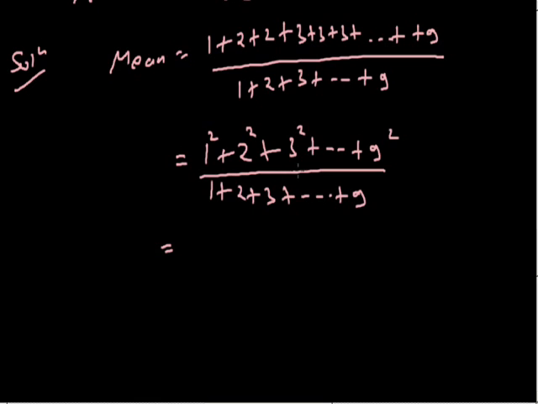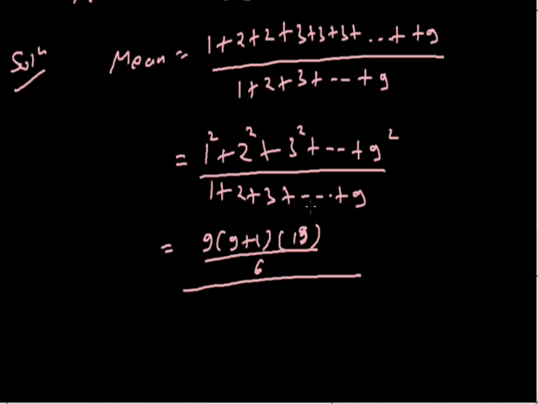As we know, the sum of the squares of the n natural numbers is given as n into n plus 1 into 2n plus 1 by 6. Here the value of n is 9. So 9 into 9 plus 1 into 2n plus 1, that is 19, divided by 6.